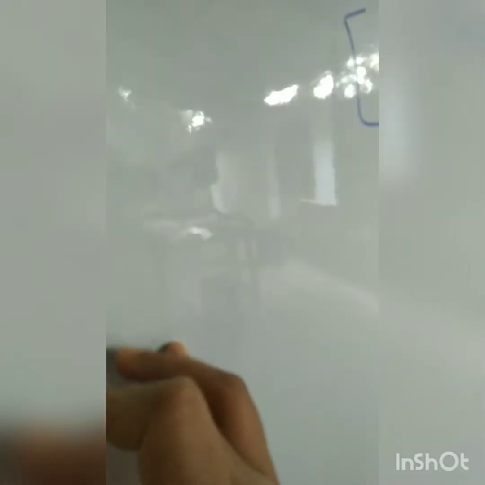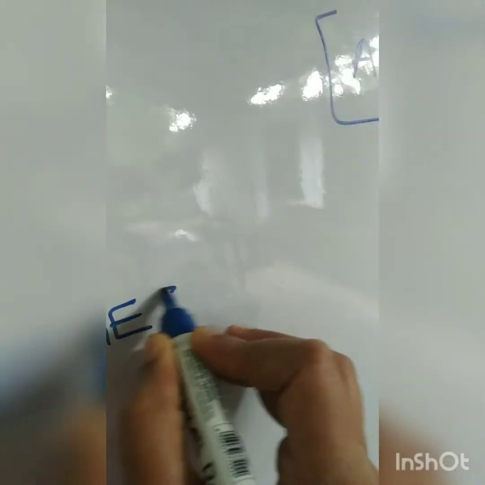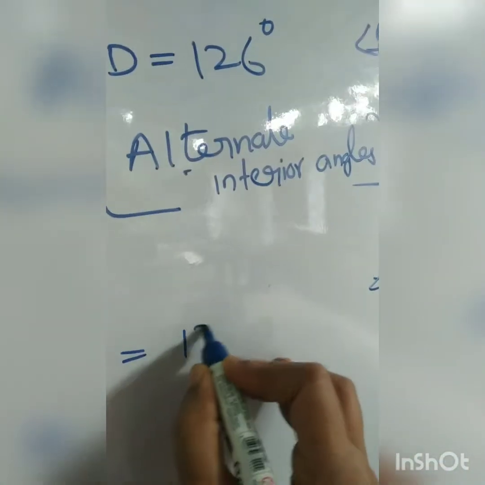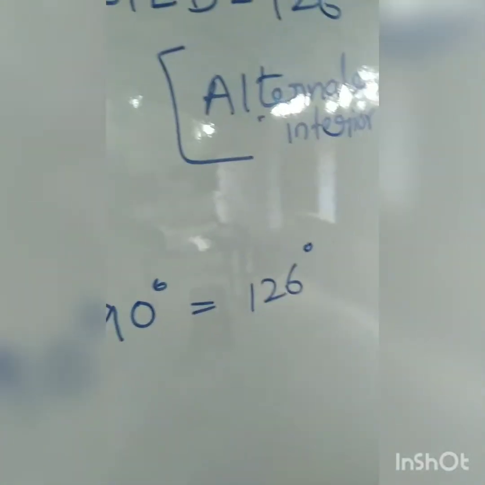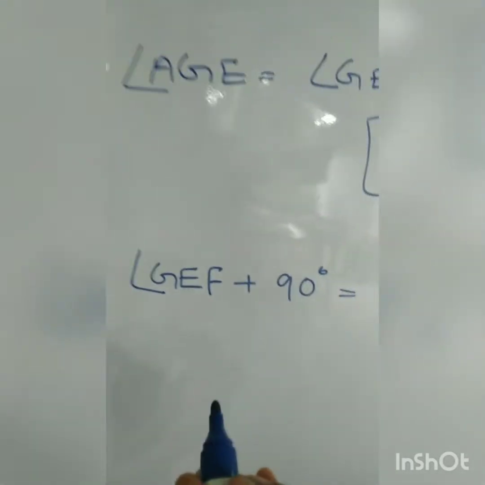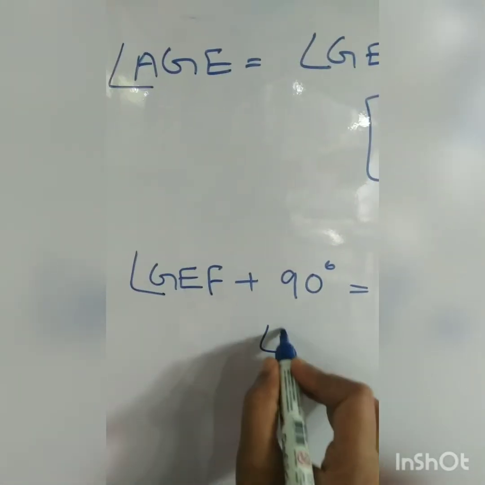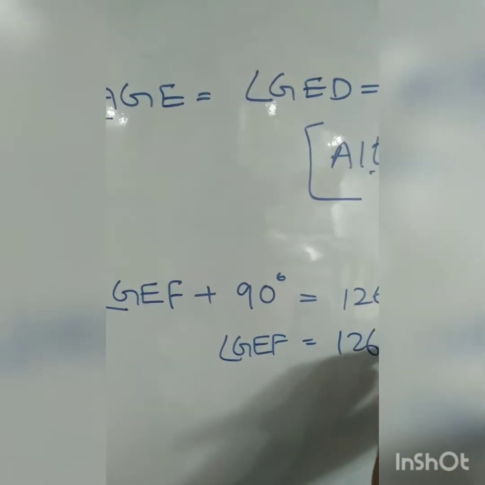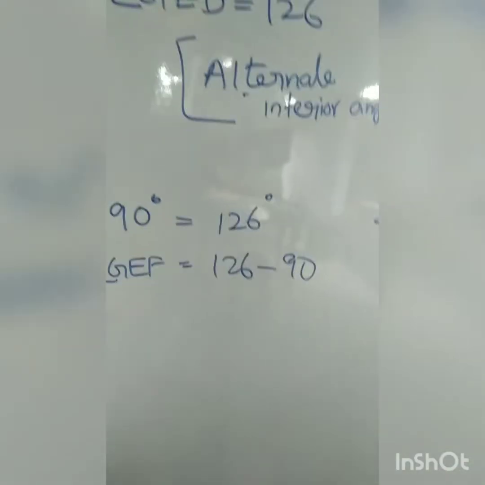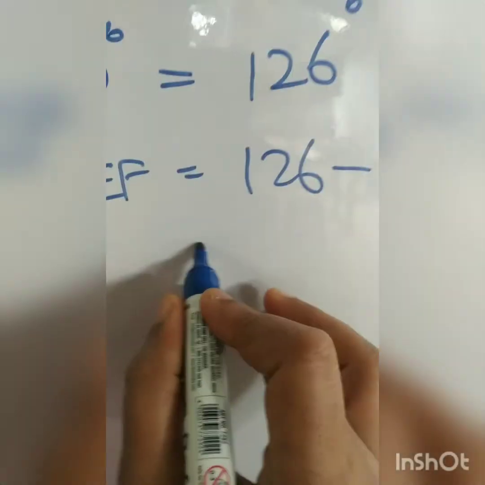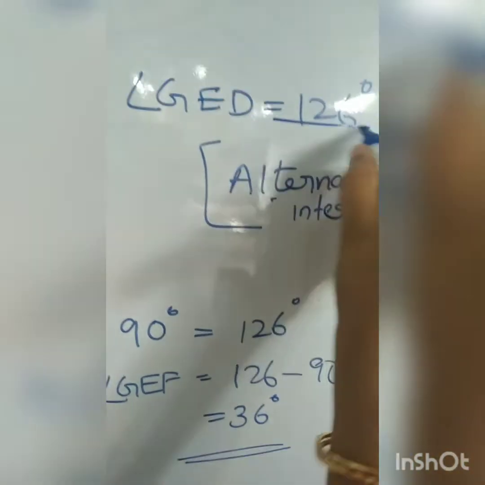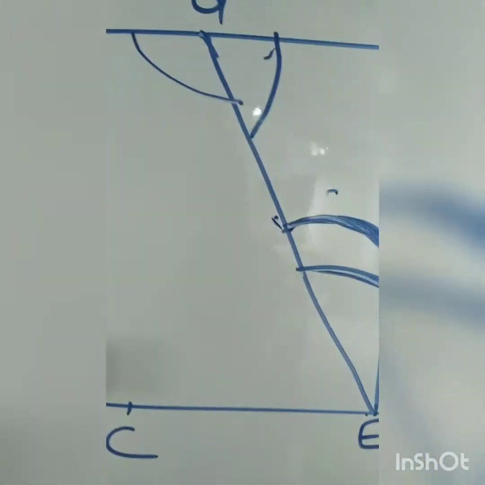So angle GEF plus 90 degrees is equal to 126. So angle GEF is equal to 126 minus 90, that is equal to 36 degrees.